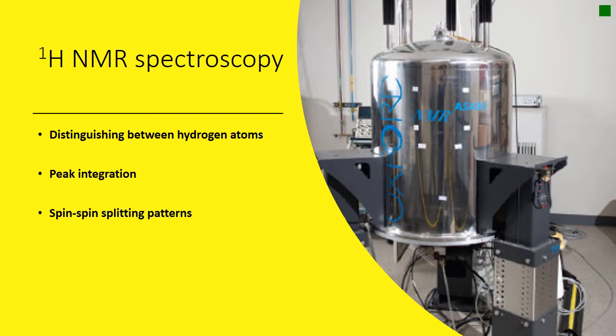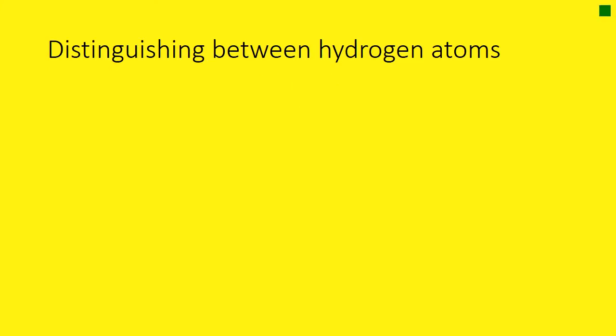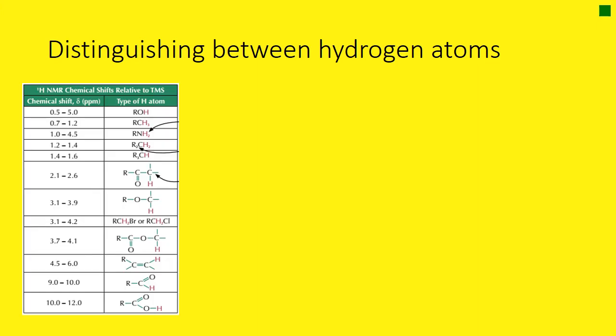Okay, let's start off with distinguishing between hydrogen atoms. And the first thing we want to do is pull up our chart, our table, which gives us the chemical shifts for the hydrogens in all those different groups. Okay, so let's look again at ethanol. Ethanol, as you know, looks like this.